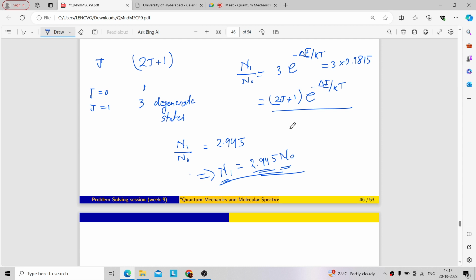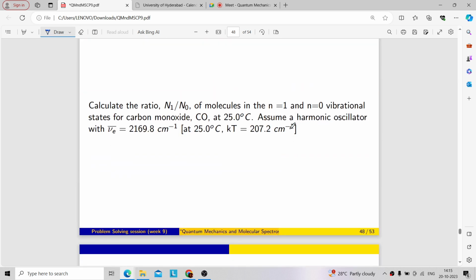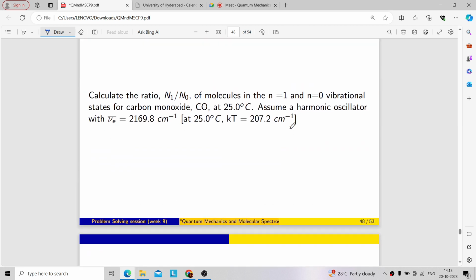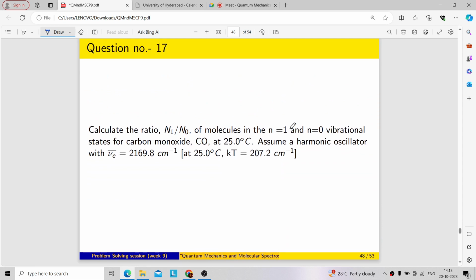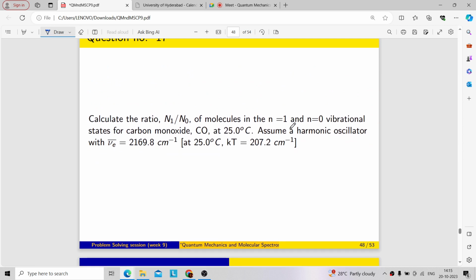So moving on to the next question. Calculate the ratio N1 over N0 for molecules in n equal to 1 and n equal to 0 vibrational states for carbon monoxide at 25 degrees Celsius.